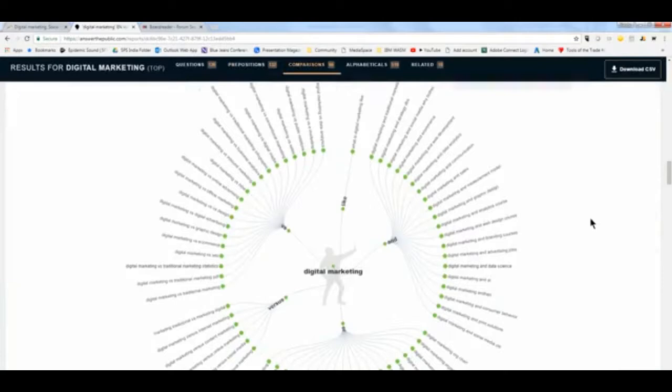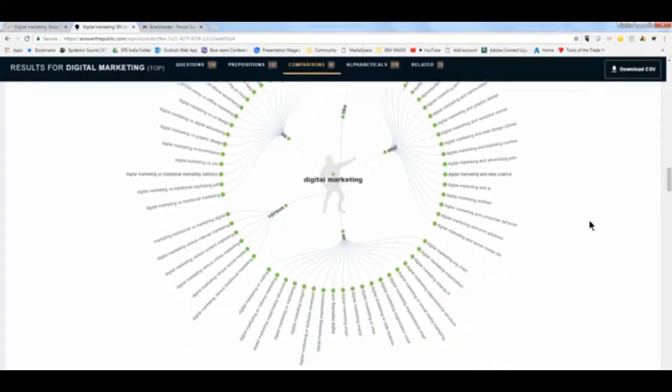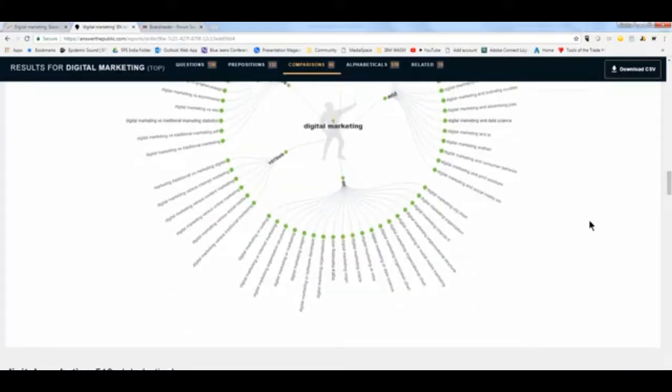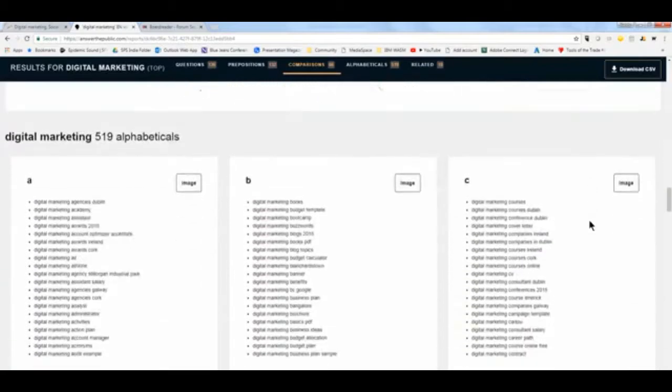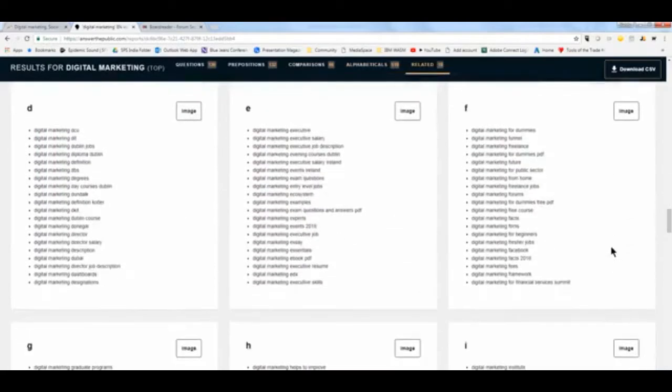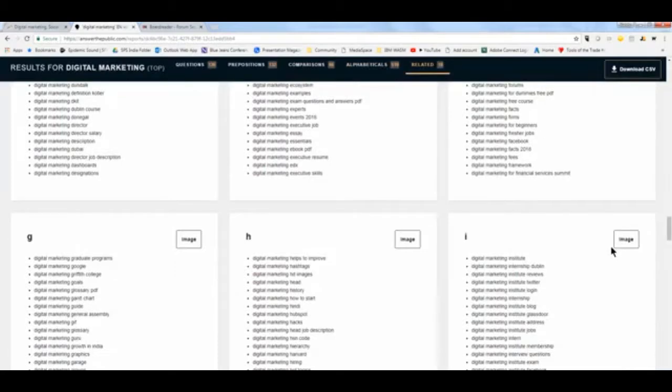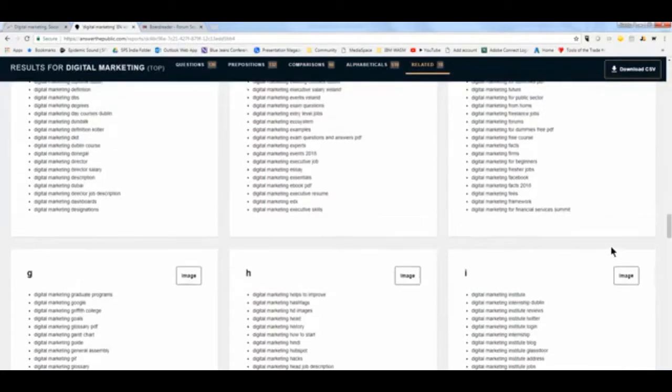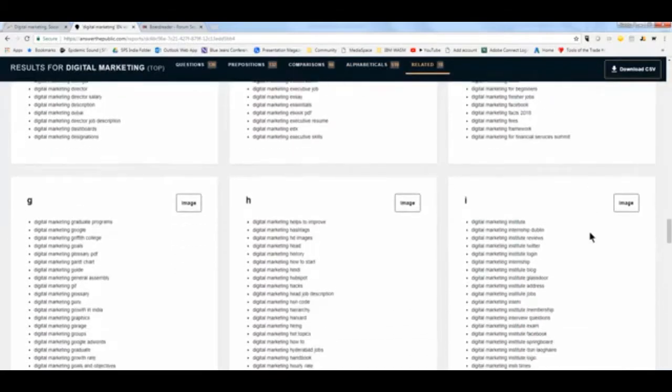And then finally, you see digital marketing and things like that to get a comparison where people are looking for comparisons of those. And so the nice part is you can really analyze a given market and a given set of search terms and get into what people are actually looking for with respect to digital marketing. It gives you a huge amount of information for free that you can use.